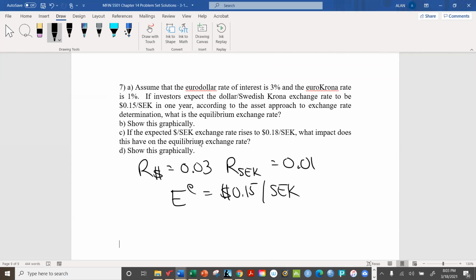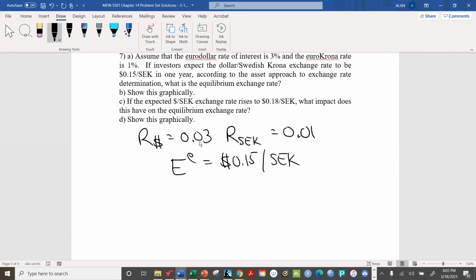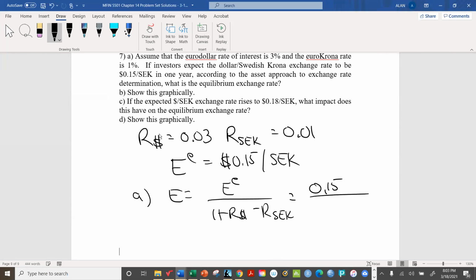All right, so what is our exchange rate in equilibrium? E equals EE over 1 plus the US rate minus, in this case, the Swedish rate. 0.15 over 1 plus 0.03 minus 0.01.